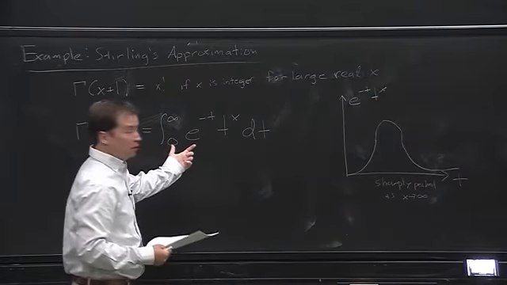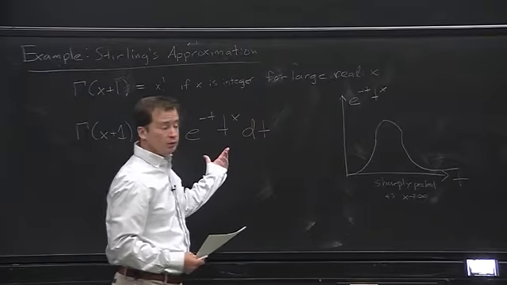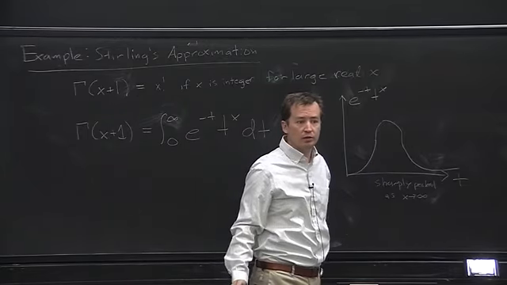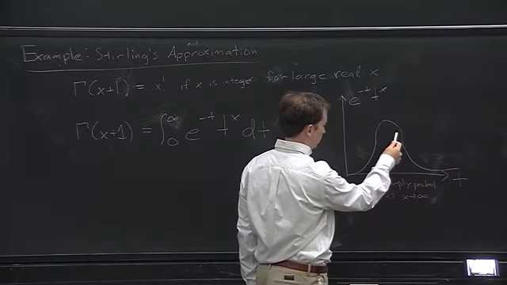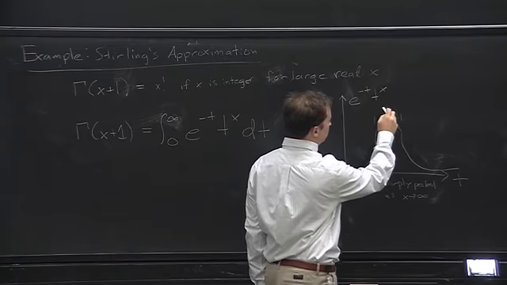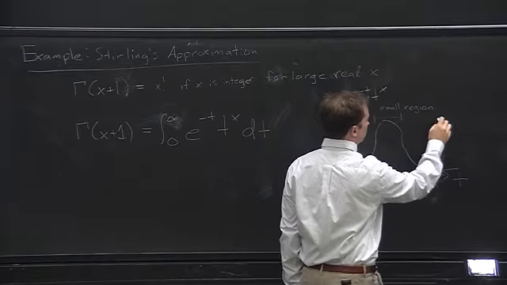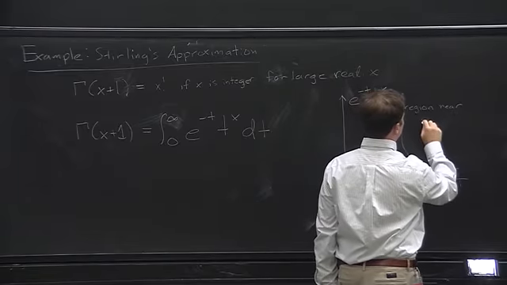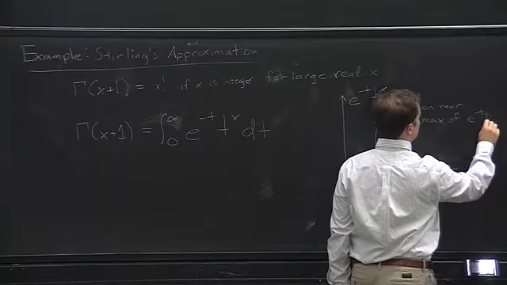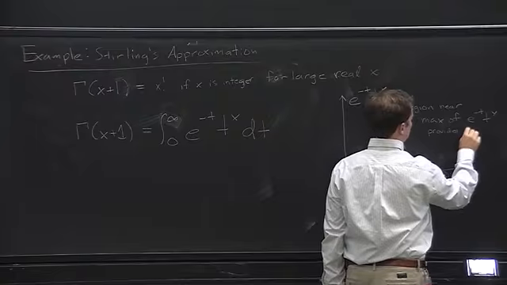So if we want to approximate this integral, the natural way is to look at this rough sketch of the integrand and say that most of the contribution to the integral will come from some small region near the max of e to the minus t, t to the x, which provides a dominant contribution.